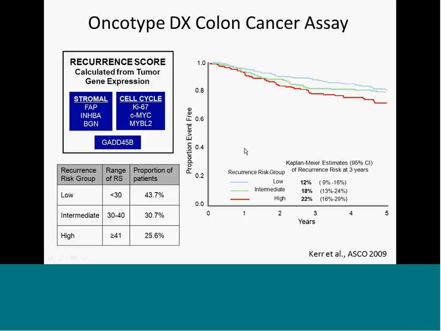And when they looked at the Kaplan-Meier curve, those who were predicted to be low had a much higher recurrence-free survival. So they showed, for the first time, based on an RT-PCR assay, that they can develop a predictor that is clinically applicable and was validated in a large data set.